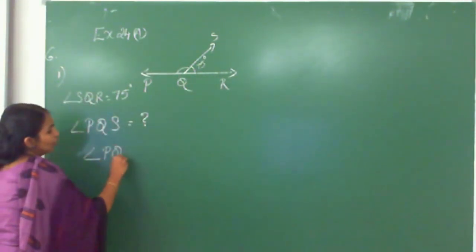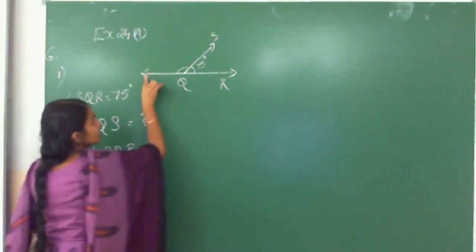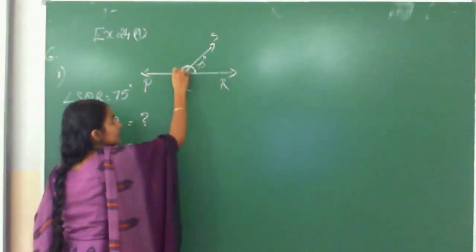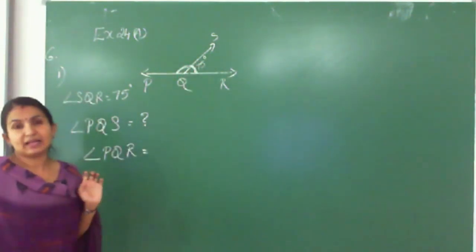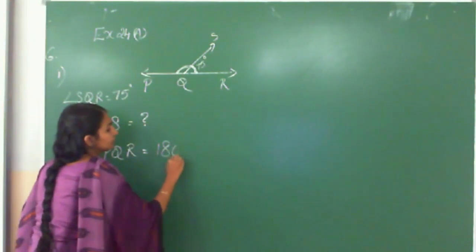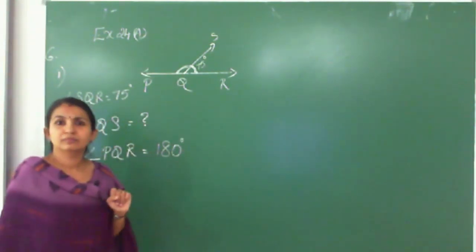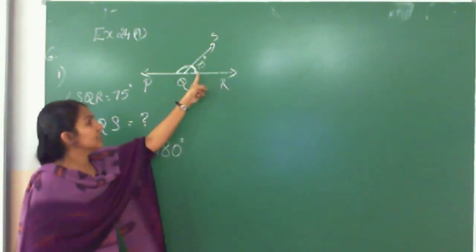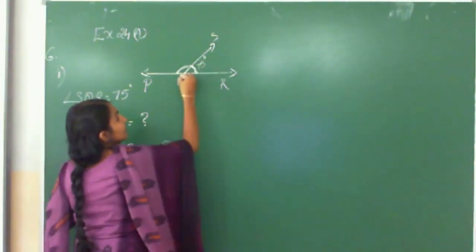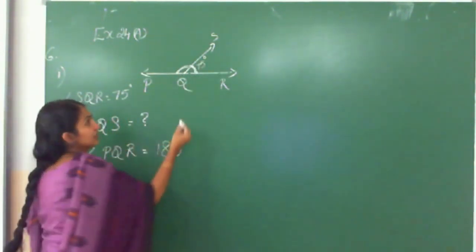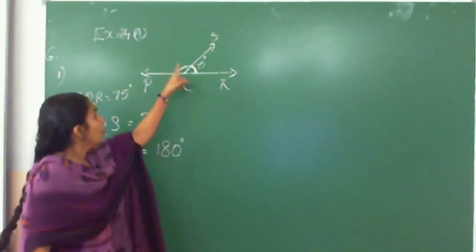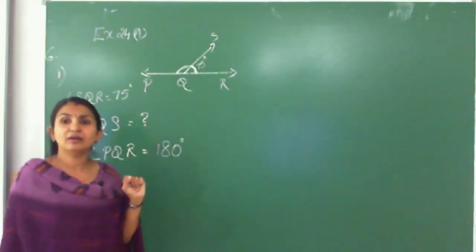See, PQR, it's a straight angle and its degree is 180 degree. And we know that it is 180 degree. So the total is 180 degree. From that, this part is 75. Total 180, the small part is 75. What will be this remaining part?